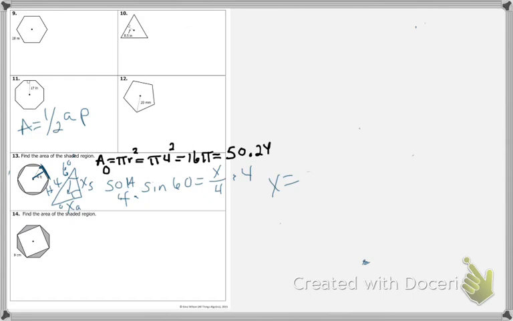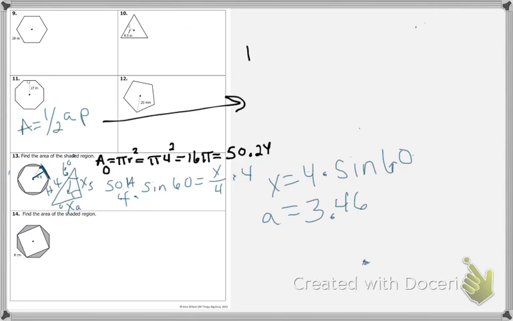So x is equal to 4 times sine 60. So my apothem is going to be 3.46. A is equal to 3.46.